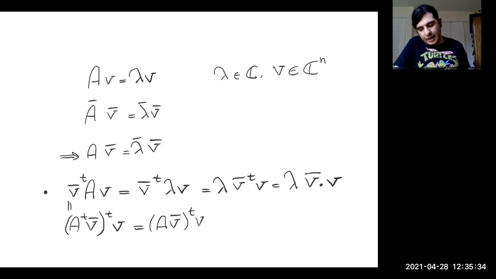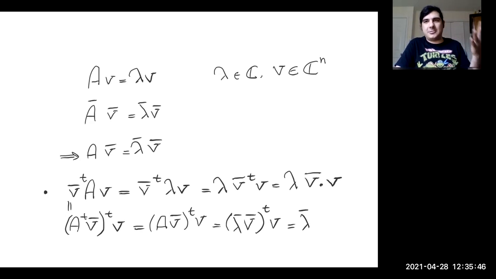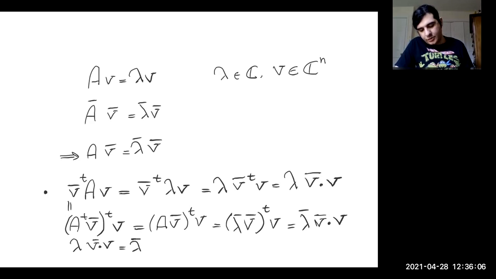So that's what we would get. A v bar is equal to lambda bar v bar transpose, which is equal to lambda bar, but it's just a number, v bar transpose v, and that's the inner product. And the right-hand sides are supposed to be equal because the left-hand sides are equal. So lambda v bar transpose v is equal to lambda bar v bar transpose v.